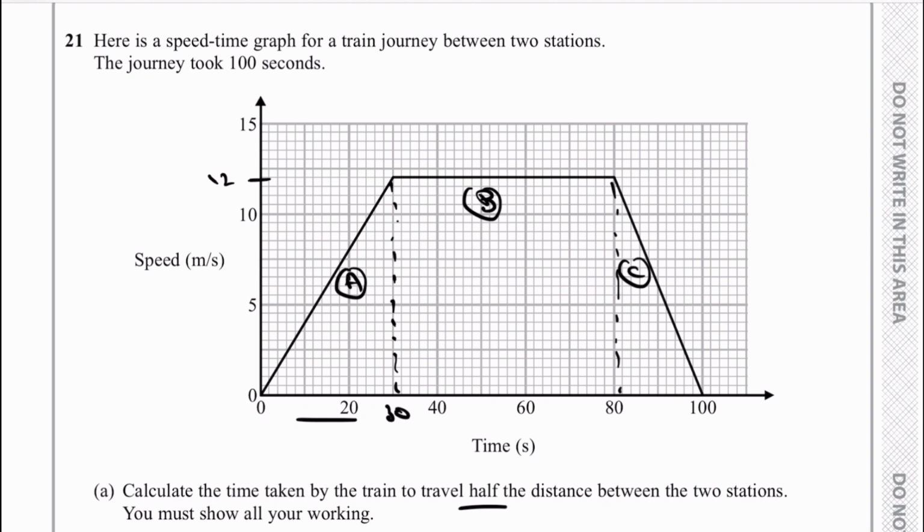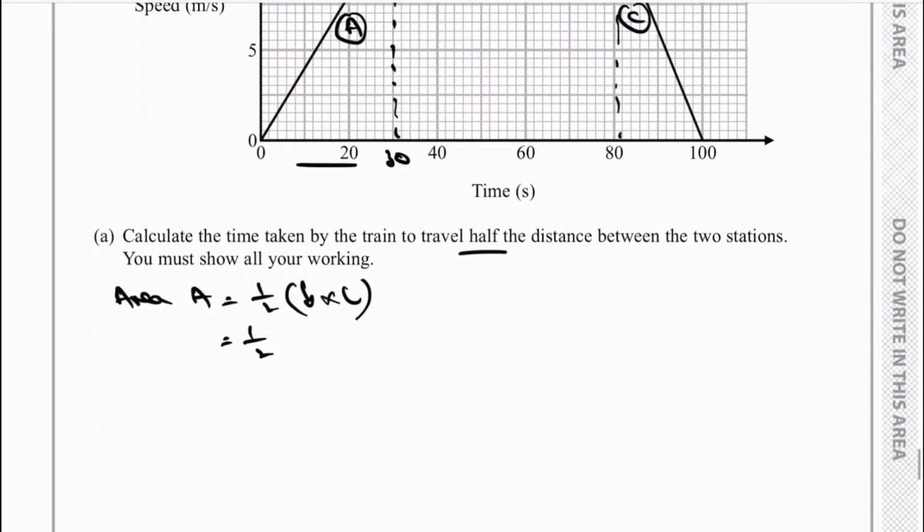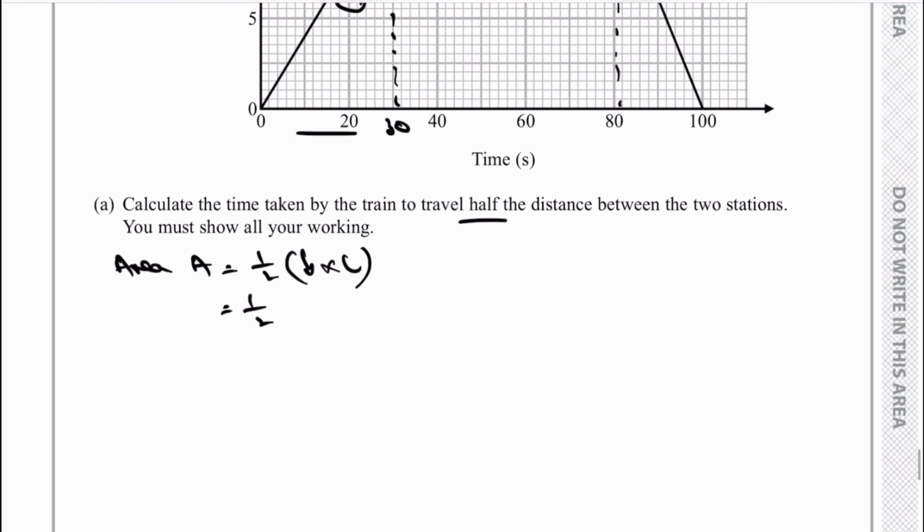Each of the small squares, actually there's 2 squares, which will equal 1 unit. Okay, so that's going to give me then a base of 30 and a height of 12. So that's going to be a half times 30 times 12, and that's going to give me then a total distance for section A of 180 meters.